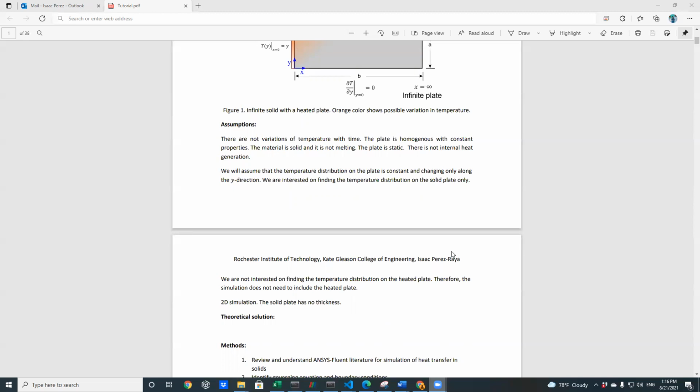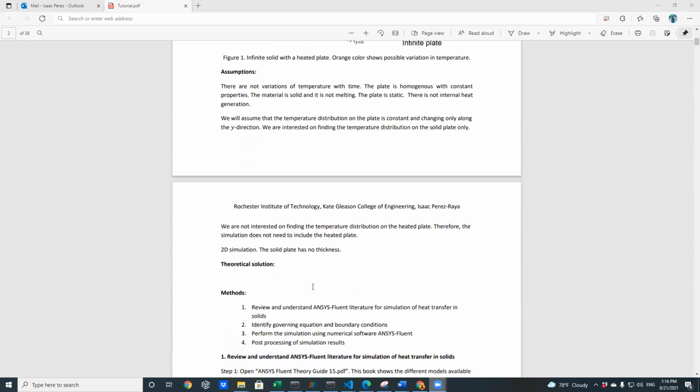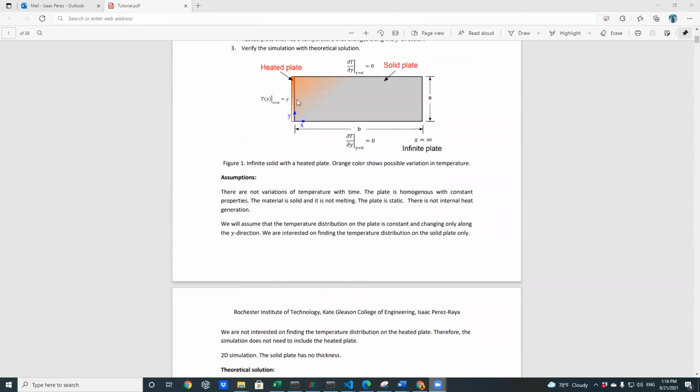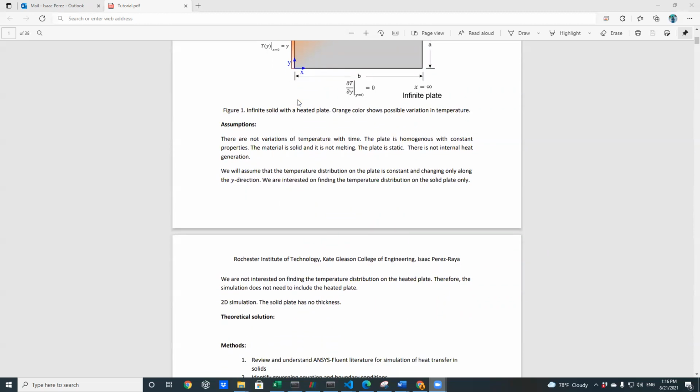The plate is static and there is no internal heat generation. We will assume that the temperature distribution on the plate is constant. Again, on the heated plate is constant and changing only along the y direction.